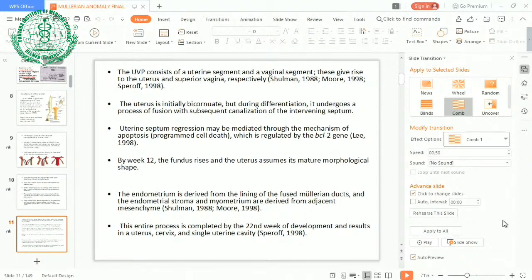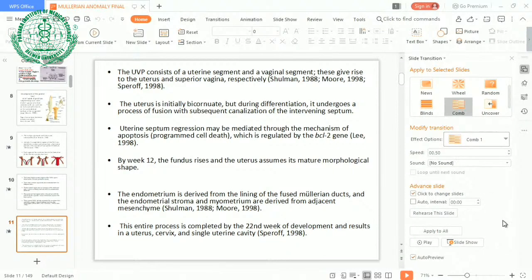These give rise to uterus and the superior vagina respectively. The uterus is initially bicornuate, but during differentiation it undergoes a process of fusion with subsequent canalization of the intervening septum. The uterine septum regresses, maybe mediated through the mechanism of apoptosis, which is regulated by BCL2 gene.